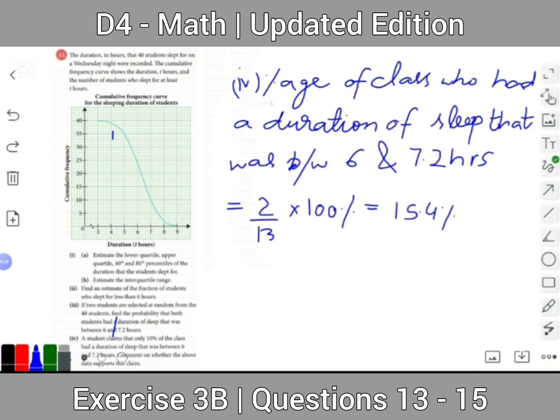So 15.4% of the class had a duration of sleep that was between 6 and 7.2 hours.